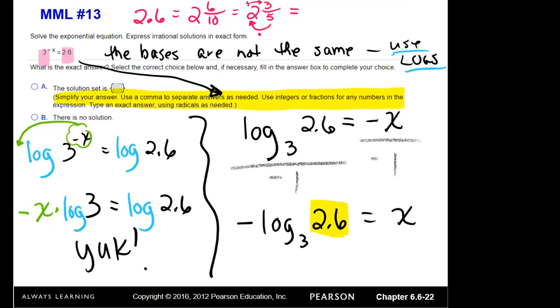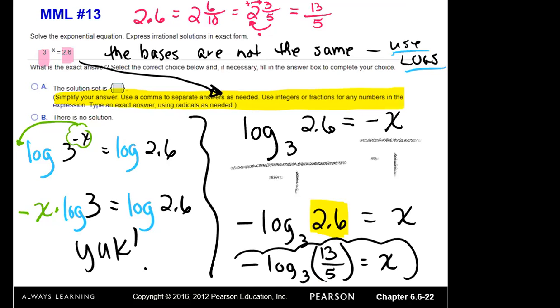So 5 times 2 is 10 plus 3 is 13, and then you still have it over the same denominator of 5. So 2 3/5 becomes 13/5. So my final answer in my MyMathLab is going to be negative log base 3 of 13/5. And if you need to put it in parentheses, go ahead and do it so you don't get it confused. Equals x.